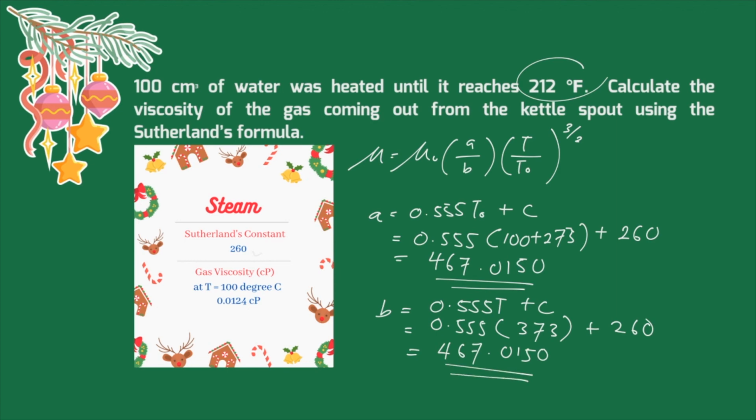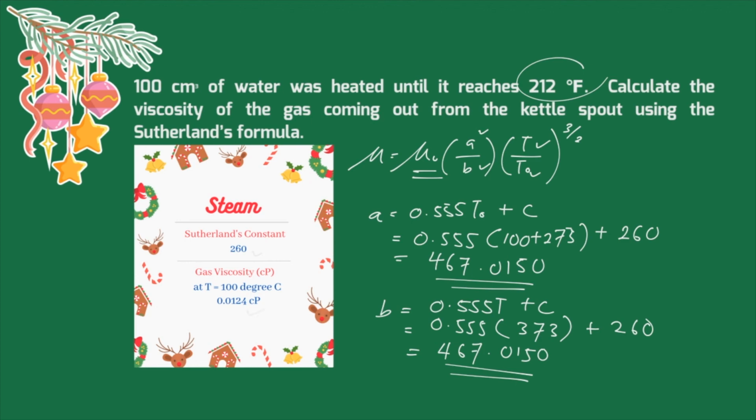Right, since you already have the values of A and B, and the values of T and T naught, you can get the value of mu, which is the viscosity. Given to you, this mu naught, which is the gas viscosity, is equivalent to 0.0124.